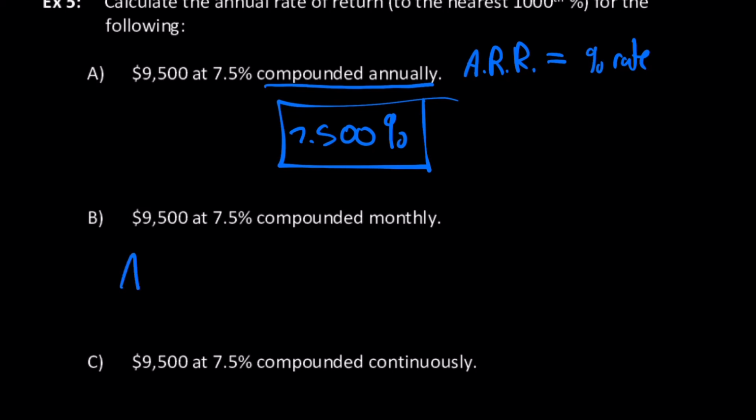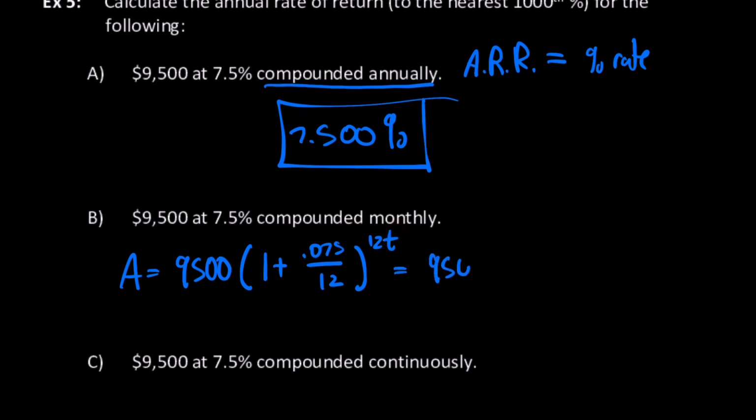So this formula would look like 9,500 times (1 plus 0.075 divided by 12) to the 12t. Well, remember, what we are going to do is get this number inside. So I just want the t by itself. I don't really need to bring this 9,500 along, so I'm just talking about the interest rate.